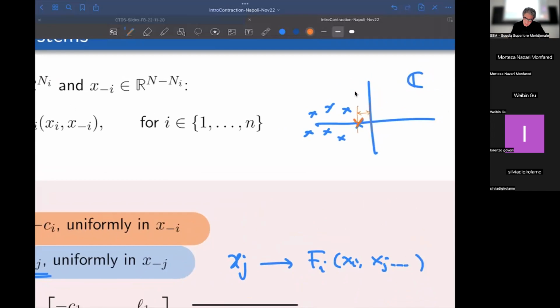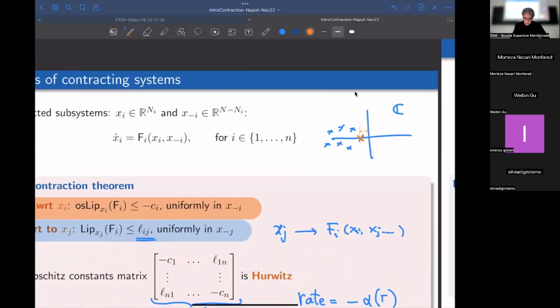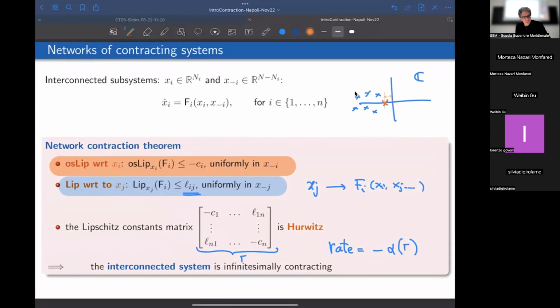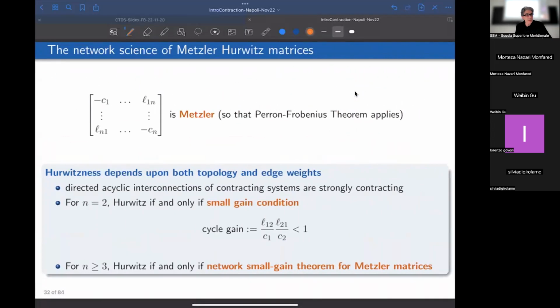Why did I put a single dominant real eigenvalue? Why is that the case? Because it is the case. Because this particular matrix, this Lipschitz constant matrix, has the feature of being Metzler.